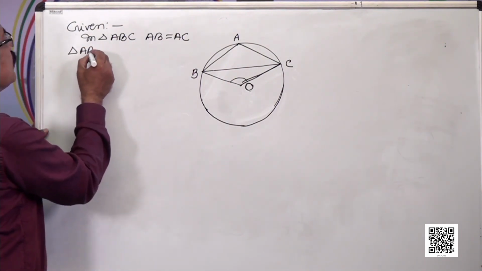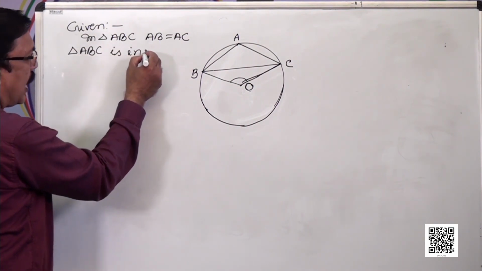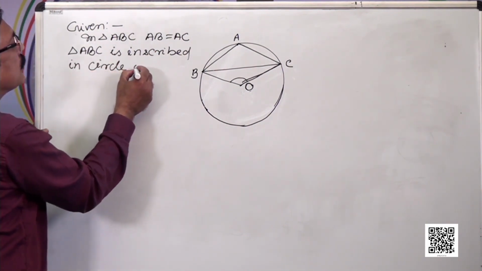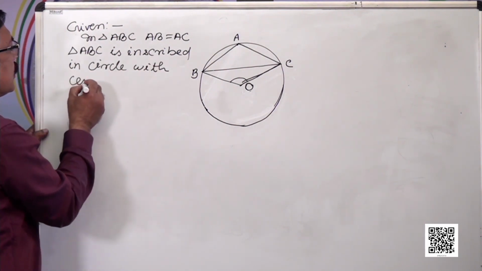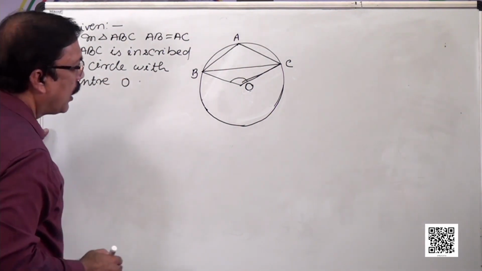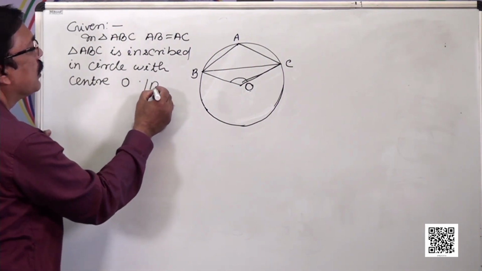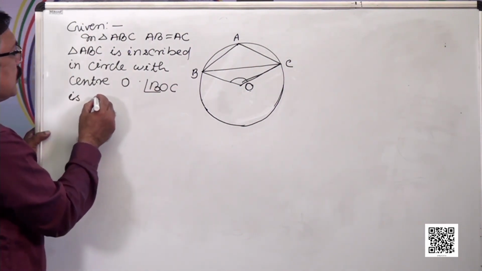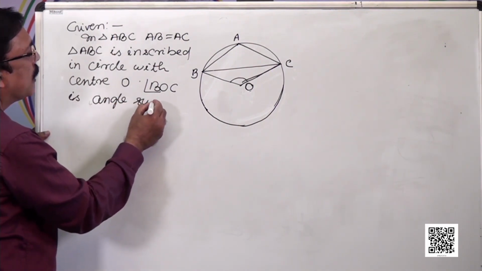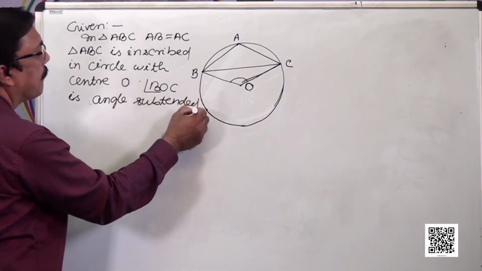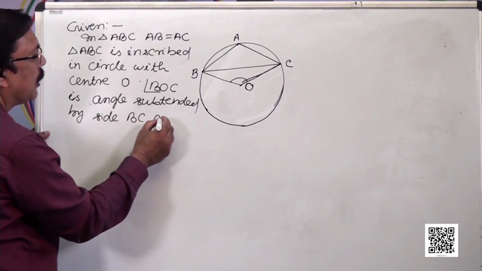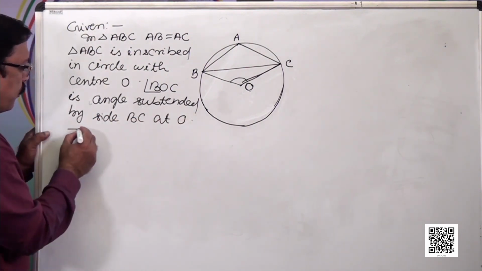Triangle ABC is inscribed in a circle with center O, and angle BOC is the angle subtended by side BC at O. What to prove?